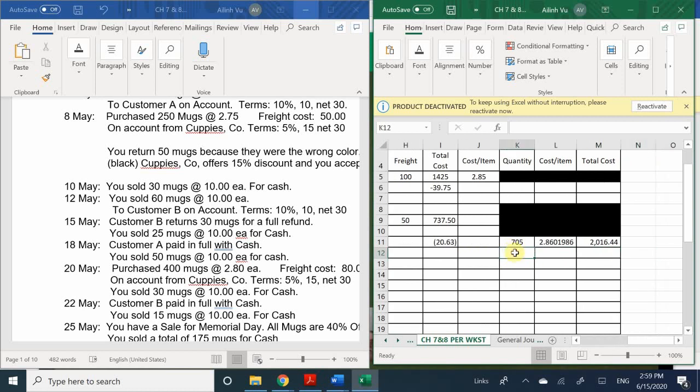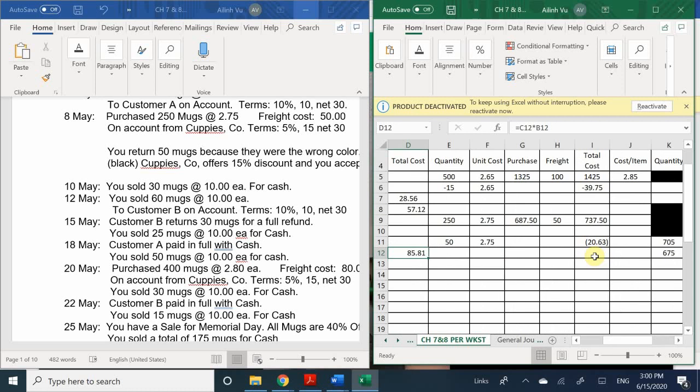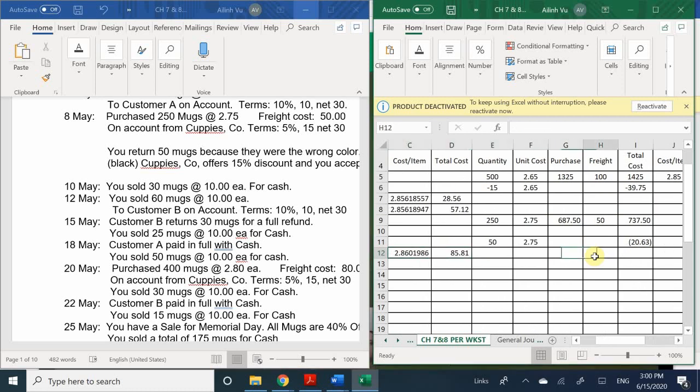What is 705 minus our 30 items? 675. 675 is correct. All right. And what was the amount again? 85.81, yes.